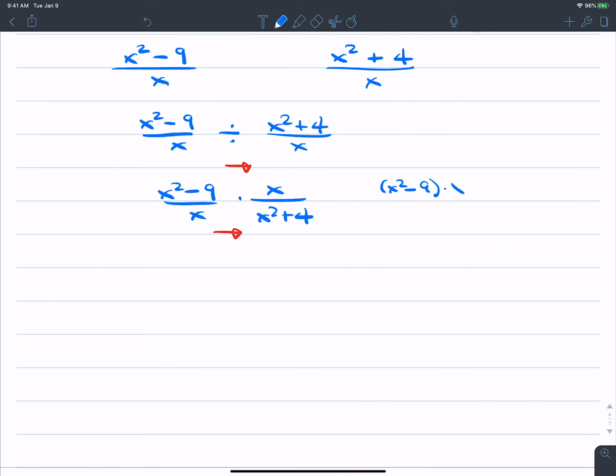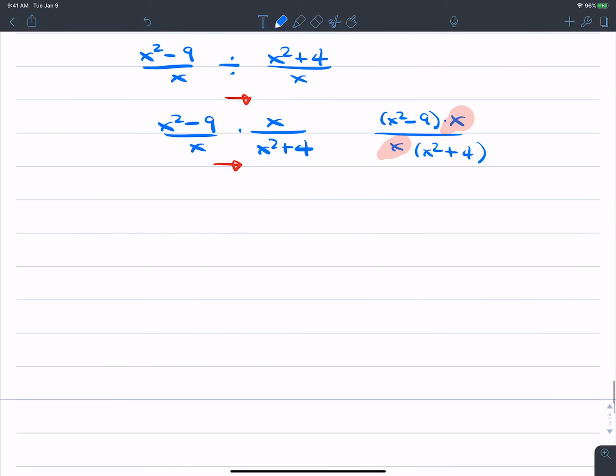X squared minus 9 times x over x times x squared plus 4. We can cancel these x's. And you're left with x squared minus 9 over x squared plus 4. And you cannot cancel here your x squareds because the operations are not multiplication. You see addition and subtraction there, so we can't cancel these x squareds.